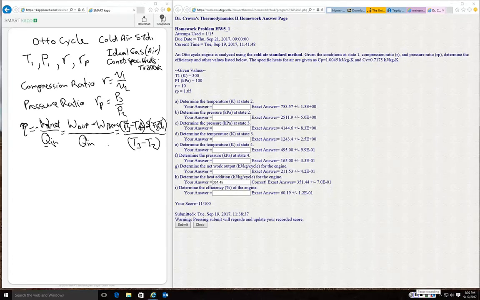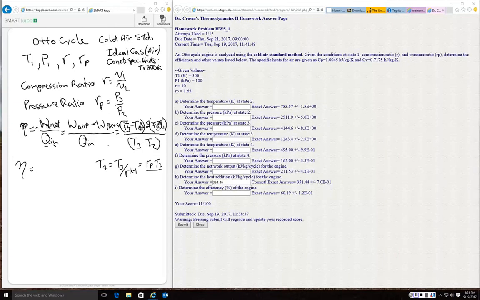Okay, let's see if we can come up with a simplified equation for efficiency, putting in all the terms that we have for temperature. So we have that T4 equals T3 divided by R to the k minus 1. But then we can write T3 as Rp times T2 over R to the k minus 1.